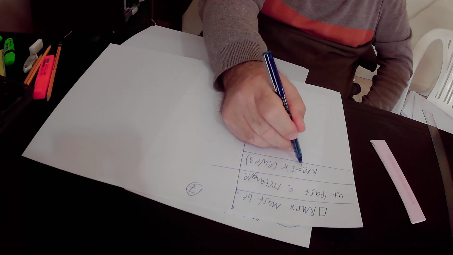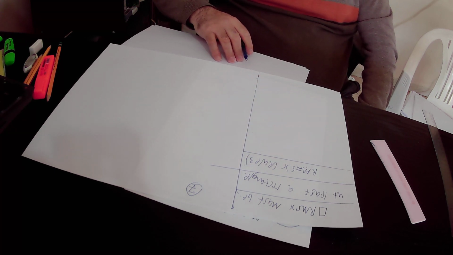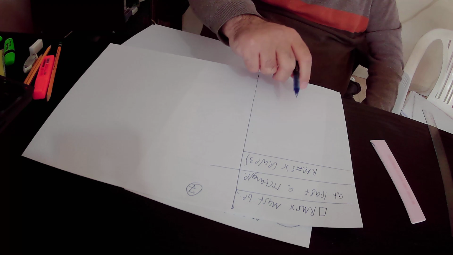I repeat again, according to rule number 3, that states that the opposite sides of a rectangle are equal to each other, RM must be equal to SX.